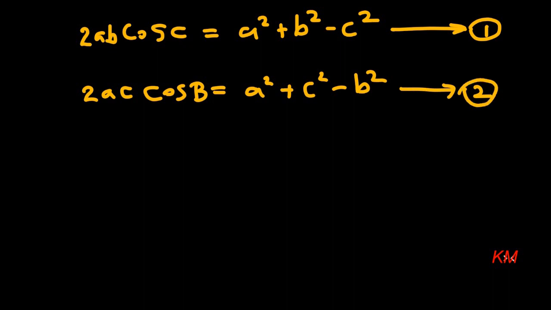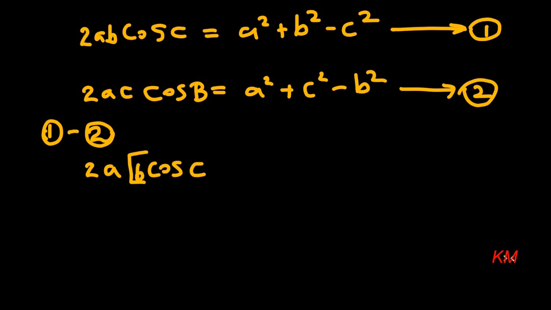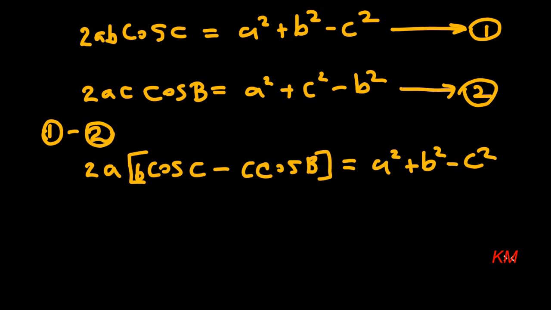Okay guys, now we need to subtract equation number 1 and 2. So it can be written like this: 2a(b cos C minus c cos B) equals (a square plus b square minus c square) minus (a square plus c square minus b square).